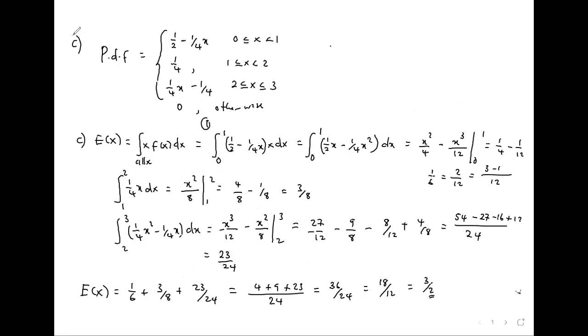So you integrate 1 over 4 dx from 1 to 2, plus you integrate from 2 to 5 over 2, (1/4 x minus 1/4) dx. This will give us the probability.